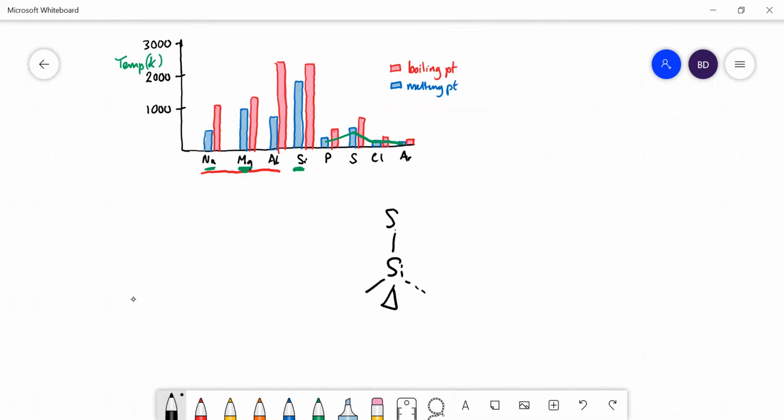Each one is bonded to 4 other silicons, and each of those is bonded to 4 others, so you get a structure very like diamond. Both are in group 4, as we said, and both form 4 bonds. The melting point is not as high as diamond.